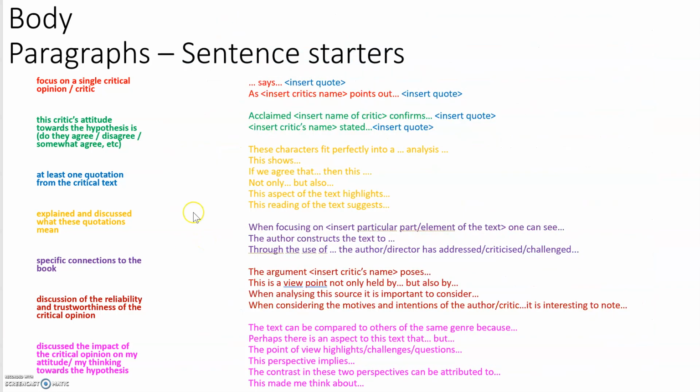Just like the paragraph structure was listed on the previous slide, I've added some sentence starters for each one of the different color-coded sections. This should give you a really good starting point to get an idea of where you might want to go with this. If you're not quite sure how to integrate bits and pieces like your quotations and how to unpack them, this is a good place to go. Again, pause the video to have a closer look.